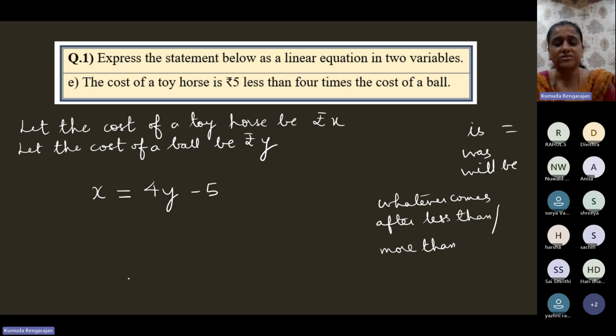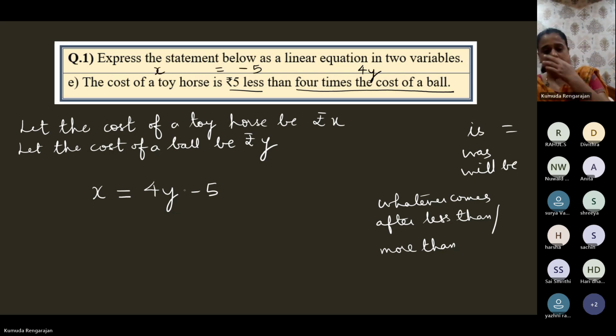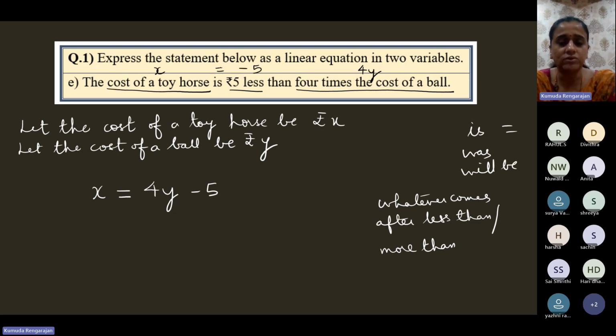Whatever comes after less than, more than, after the than, that you should write first. So what comes after less than? 4 times the cost of a ball. The cost of a ball is Y, 4 times the cost of the ball is 4Y. And what do you mean by 5 less? Minus 5. What is the cost of a toy horse? X. "Is" means equal to.